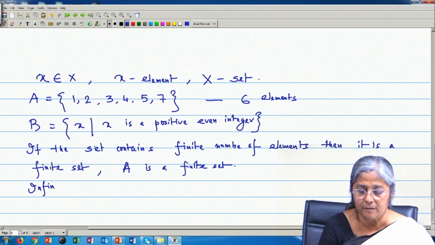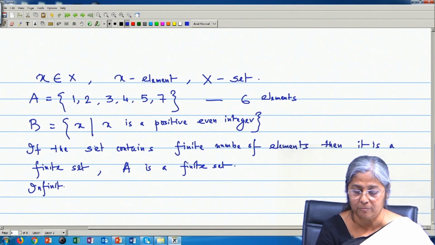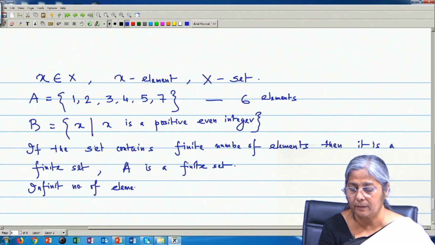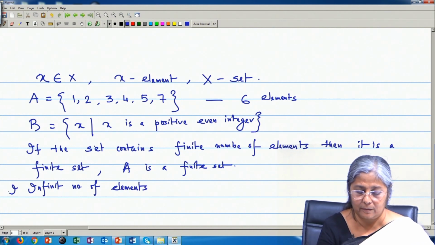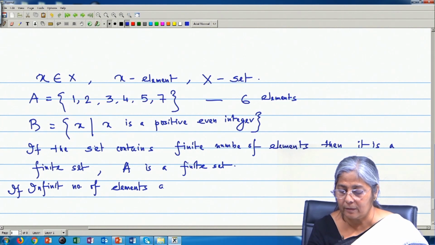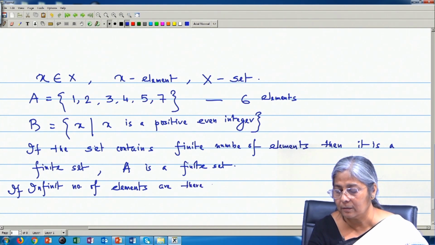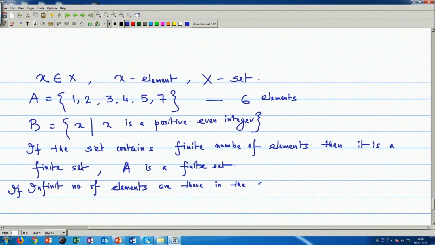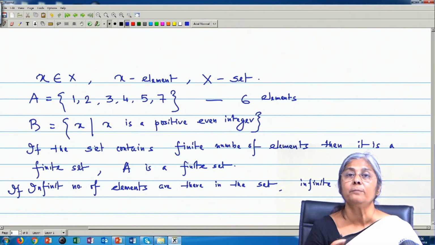That means, if an infinite number of elements are there in the set, it is an infinite set. So, how many elements are there in the set actually gives what type of set it is.